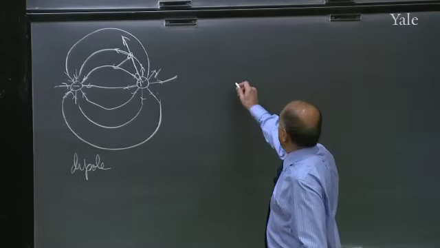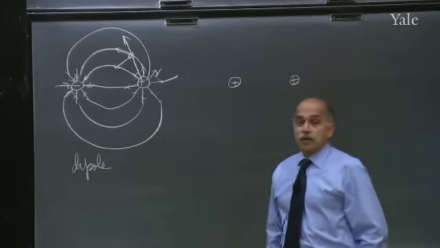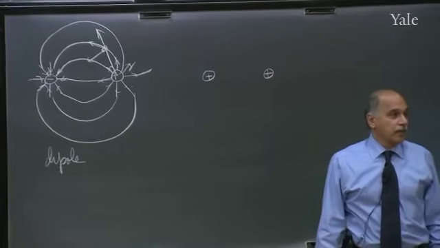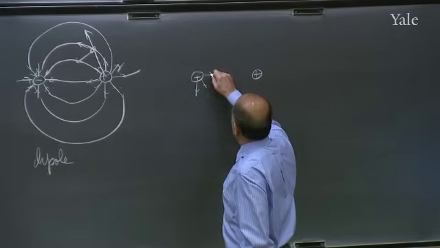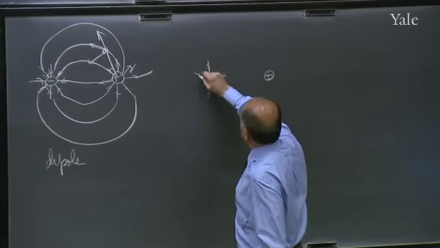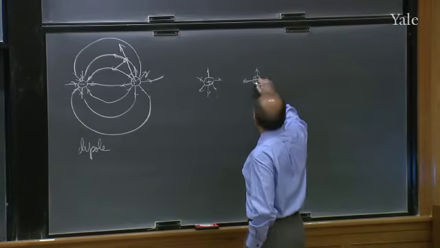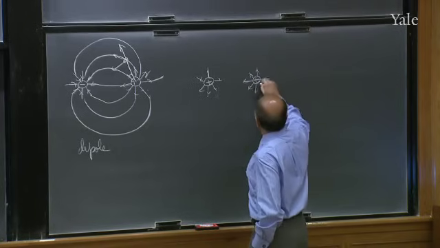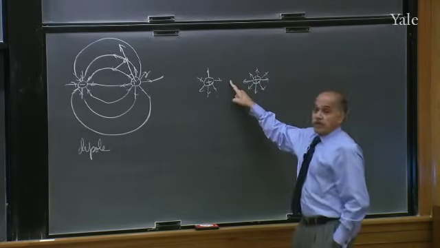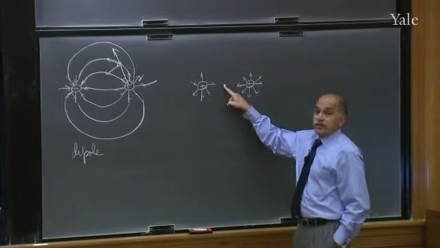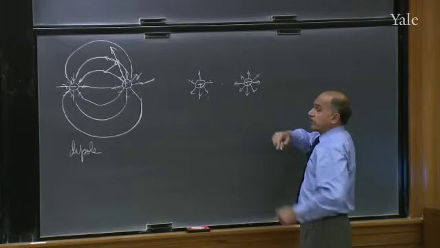So here's another example. Both guys are plus. Now what do the lines look like? Again, they will start out this way, near the charges. But now, when you come to the midpoint here, there should be no electric field right in the midpoint because it's getting pushed equally from both sides.